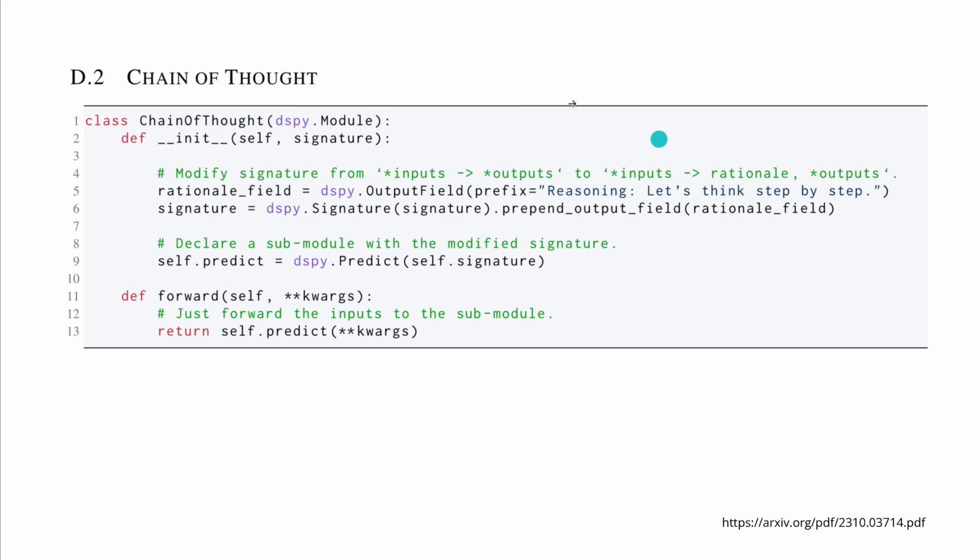Beautiful. Yeah. What is the chain of thought module here? Very easy. This is the definition. We have here the class chain of thought. We have here 2 methods, here the initialization, where we just have an output field and a signature, but this is easier, here the green one. We modify the signature from input, output, to input, to give me the rationale for the output.